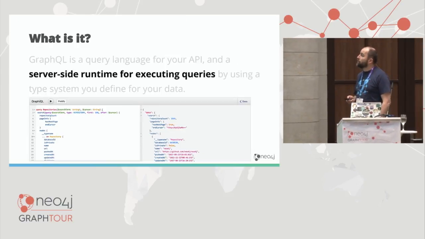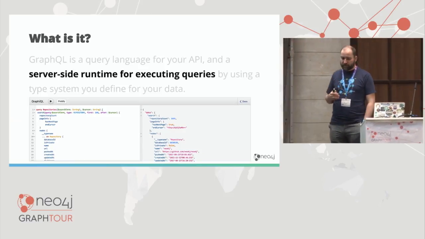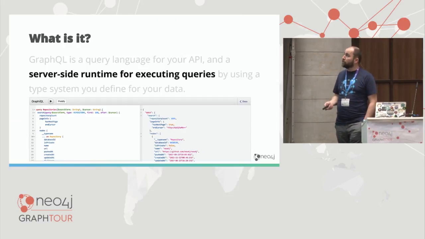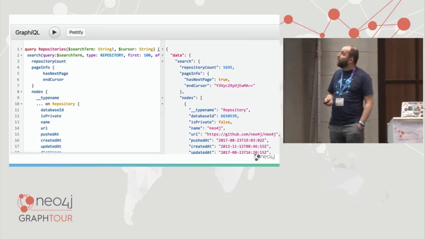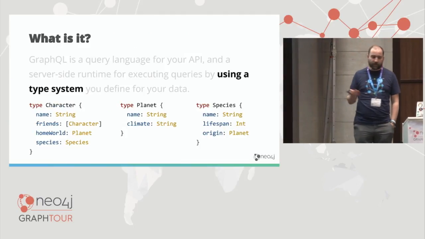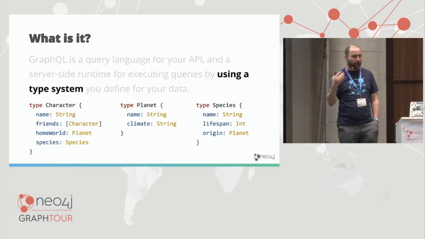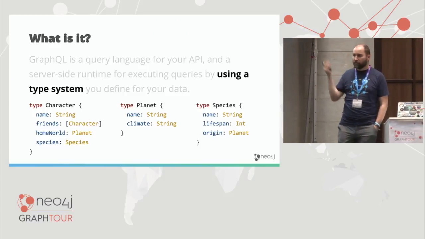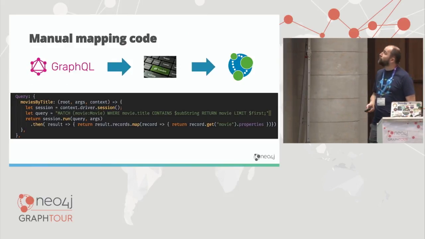What is really nice about this is that it comes with a very strong type system, which allows people to build really good tooling around GraphQL, where you get documentation, code completion, and so on. And this type system looks actually pretty similar to what we see as a graph model. So you have entities that have relationships to other entities and properties. So it looks like the labeled property graph model.